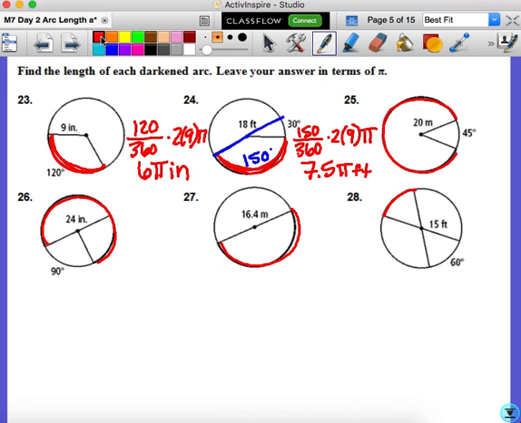So again, guys, what we're finding here is the distance. We're saying if this was a real circle, how far did we walk from here to here? So we found that curvature's distance.